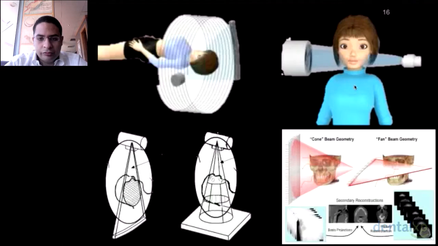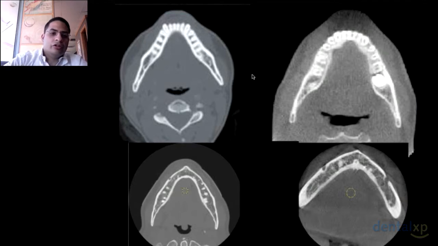Okay. Another point of comparison is the contrast resolution. Here on the right we have the images from cone beam scanners, and on the left we have the images from CT scanners. And as we see, the cone beam has lower resolution related to contrast, which is the grayscale.